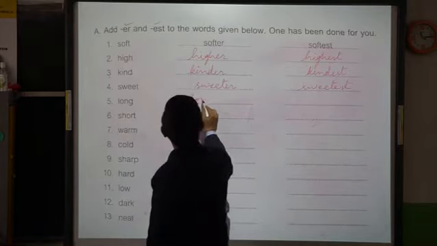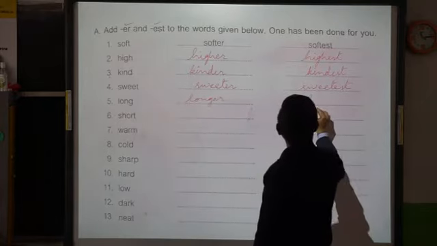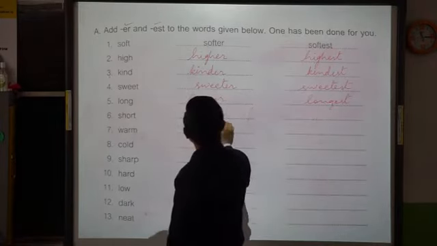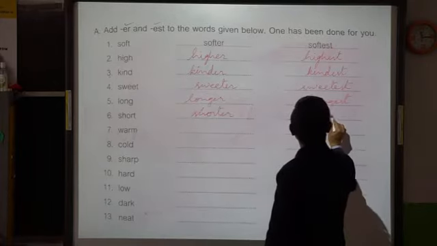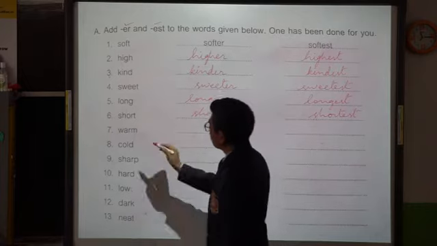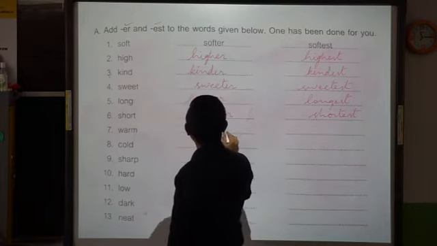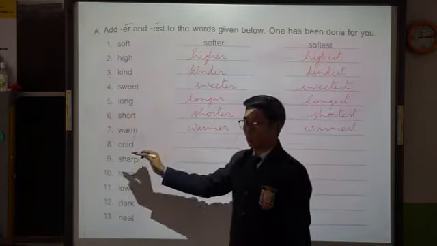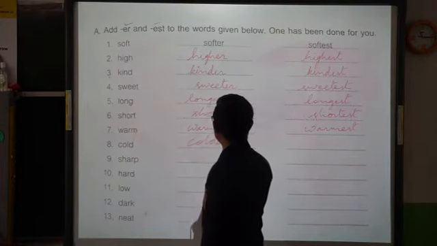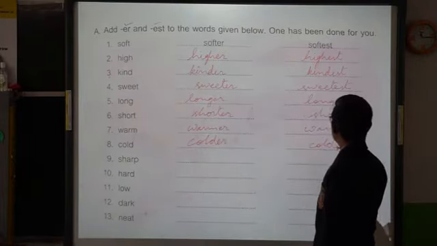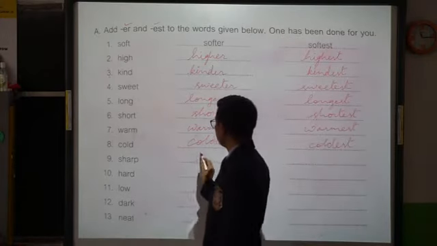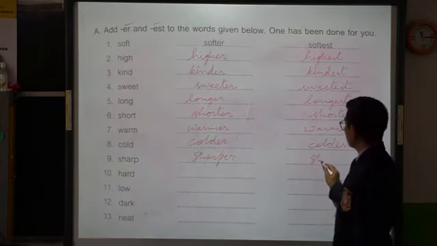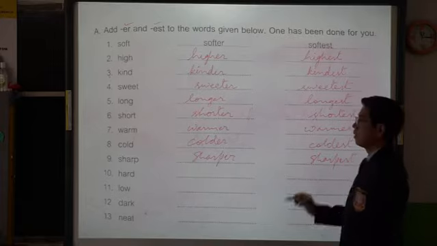Next, long. Add ER, longer, add EST, longest. Short, shorter, shortest. Then warm, warmer, warmest. Next, cold, colder, and coldest. And sharp, add ER, sharper, then sharpest. Clear?